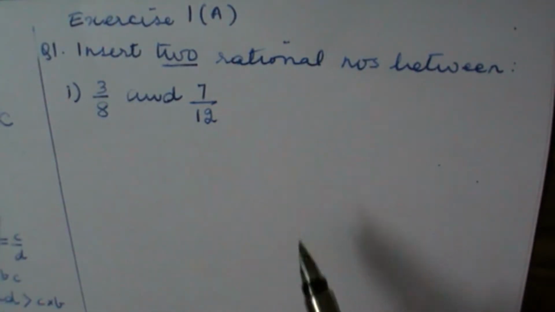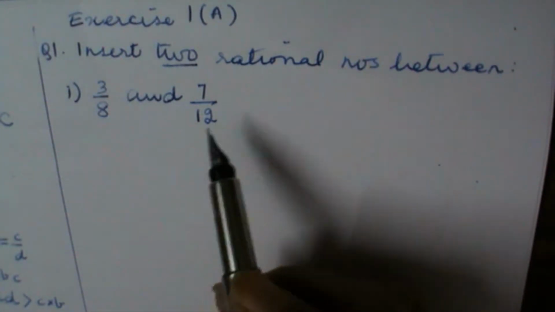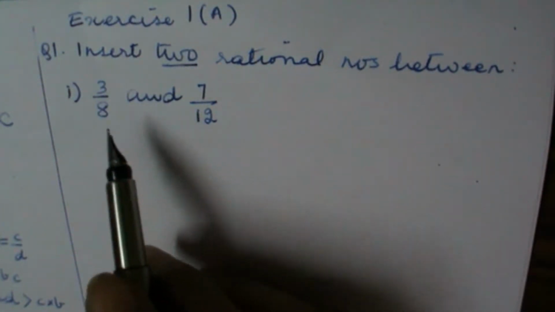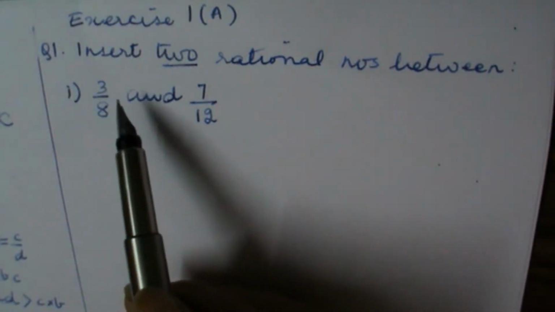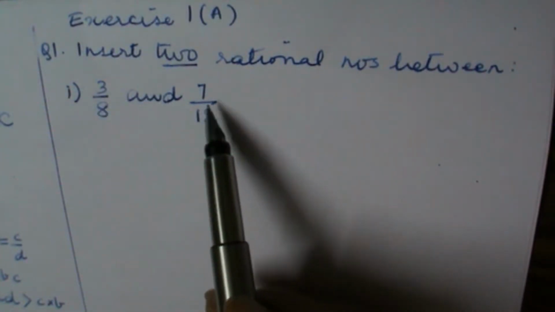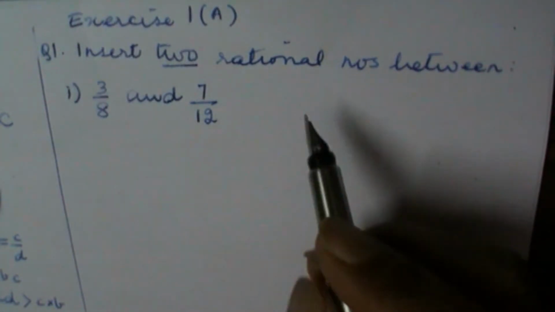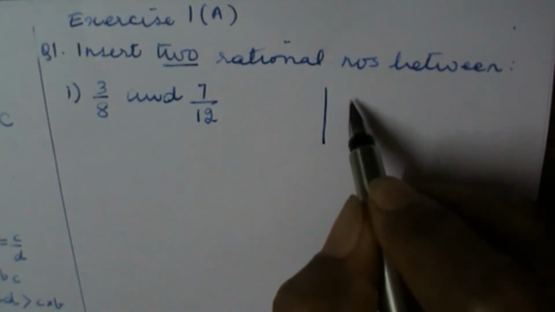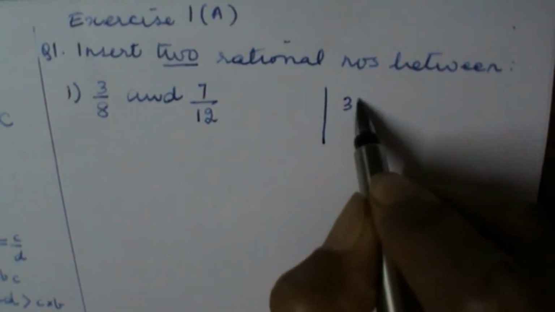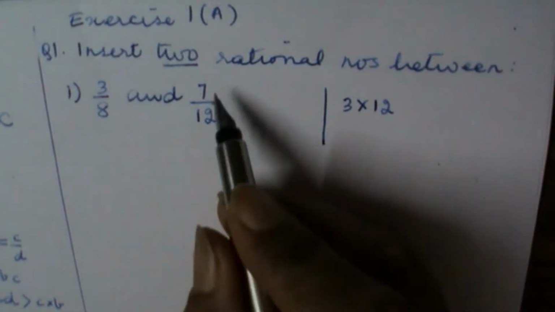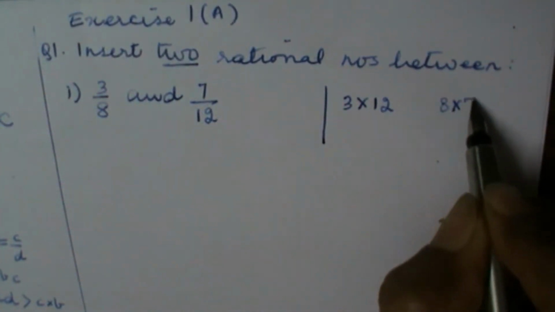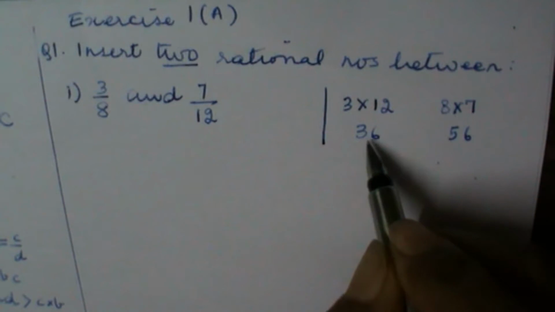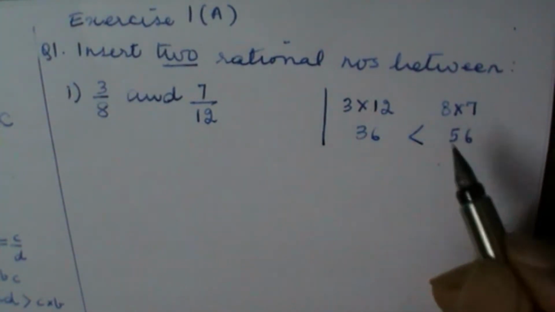Now to begin with, when I have to get the two rational numbers between these two, I have to first understand which one of them is greater. So again, I'm going to consider this as A and this as B, and this as C and this as D. And so I am going to work it out and see if my AD, that is 3 into 12, and BC, which is 8 into 7, so 36 here and 56 here, and I see 36 is less than 56.